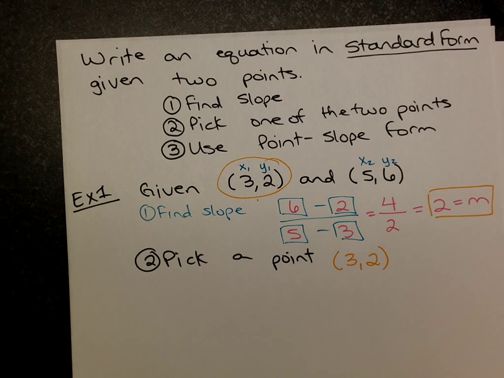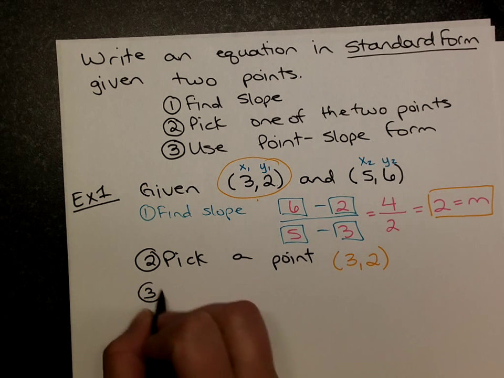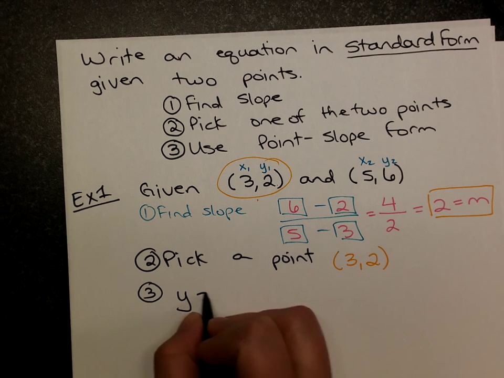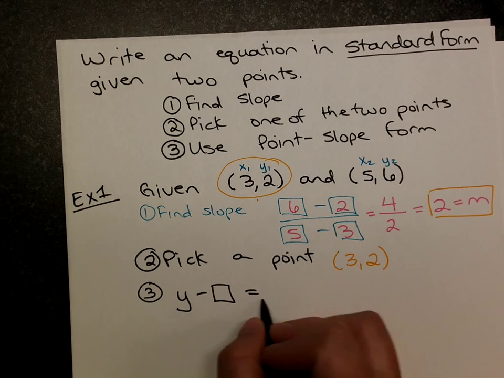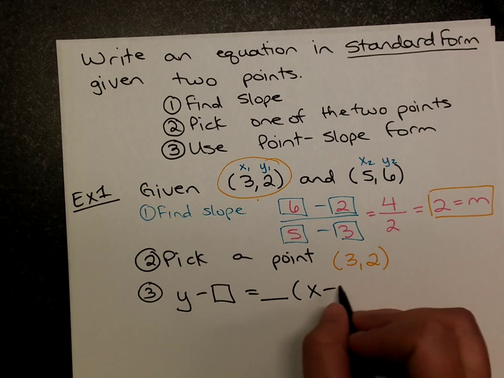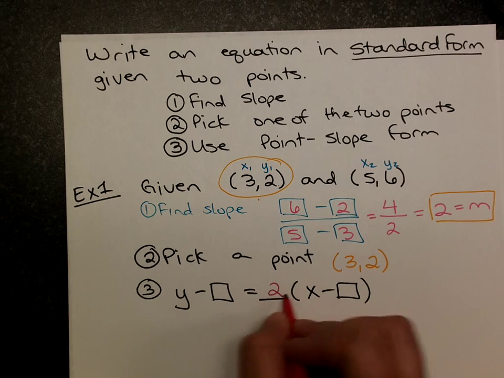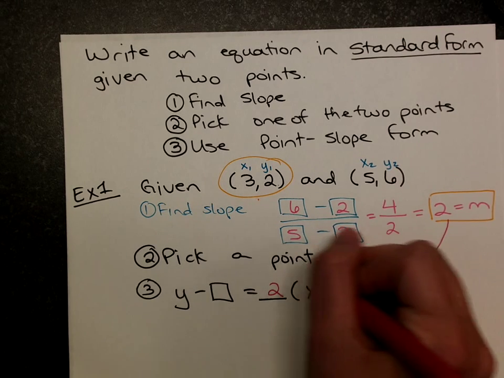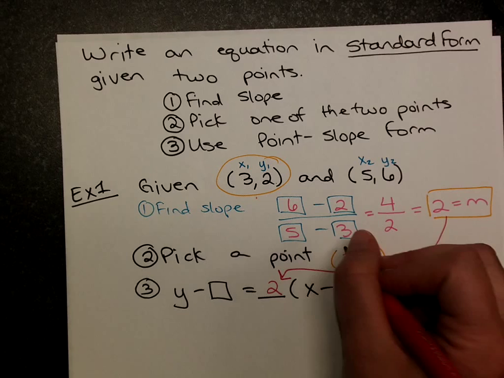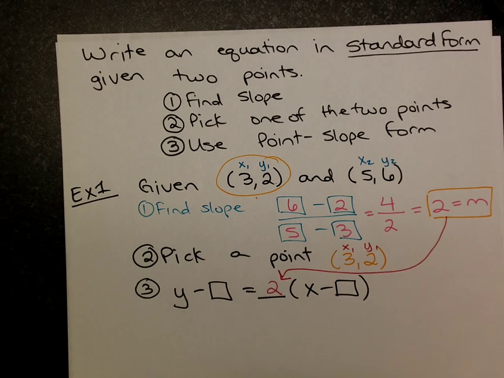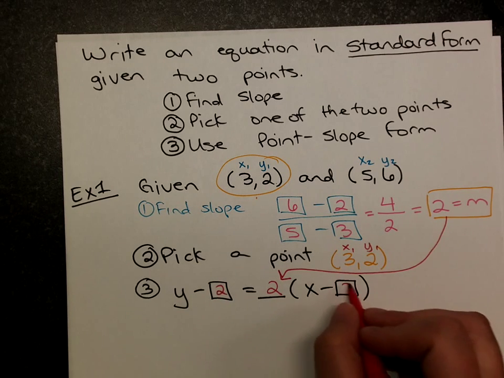With that point and the slope I calculated, step 3 is point slope form. So y minus box equals m times x minus box. And I fill in what I have. I figured out my slope is 2, so that 2 came from there. I picked this point, totally random, 2 for y, 3 for x.